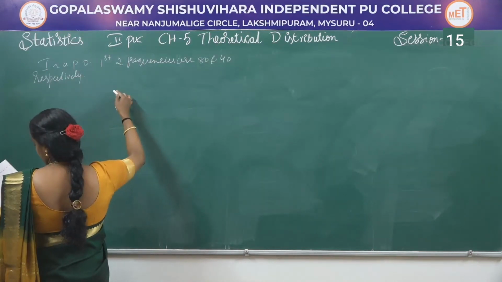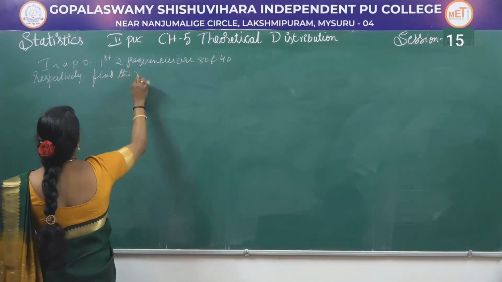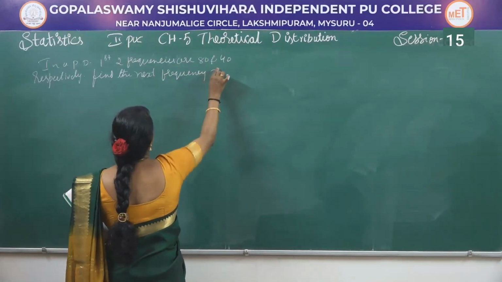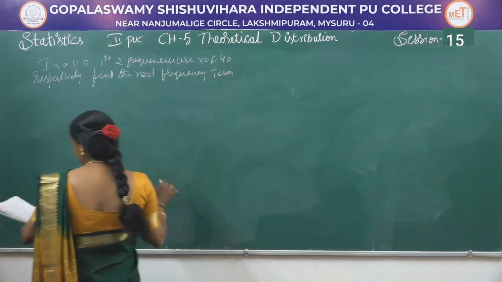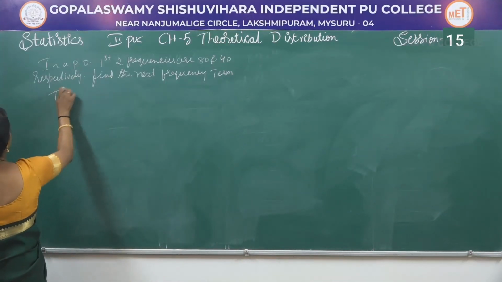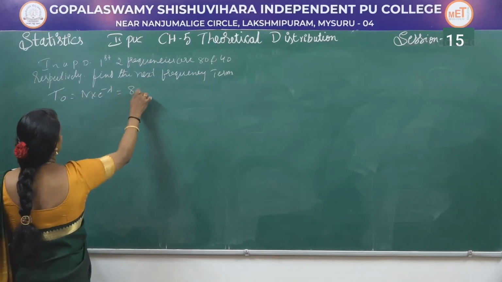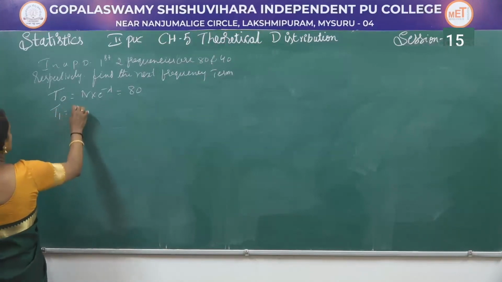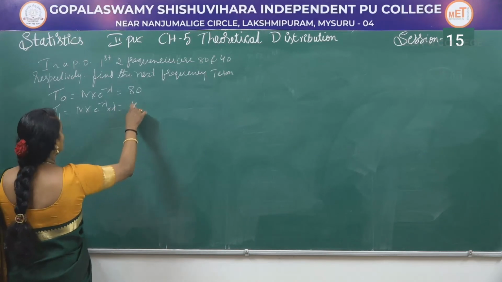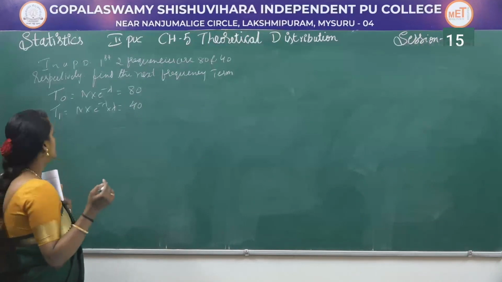Find the next frequency term. First two frequencies: T0 is n into e power minus lambda, which is equal to 80, and T1 is n into e power minus lambda into lambda, which is equal to 40.